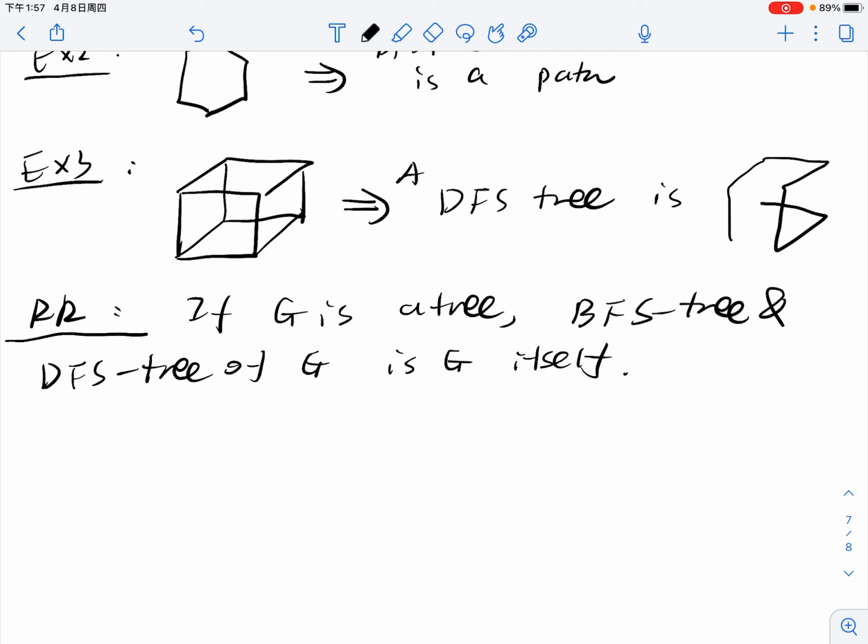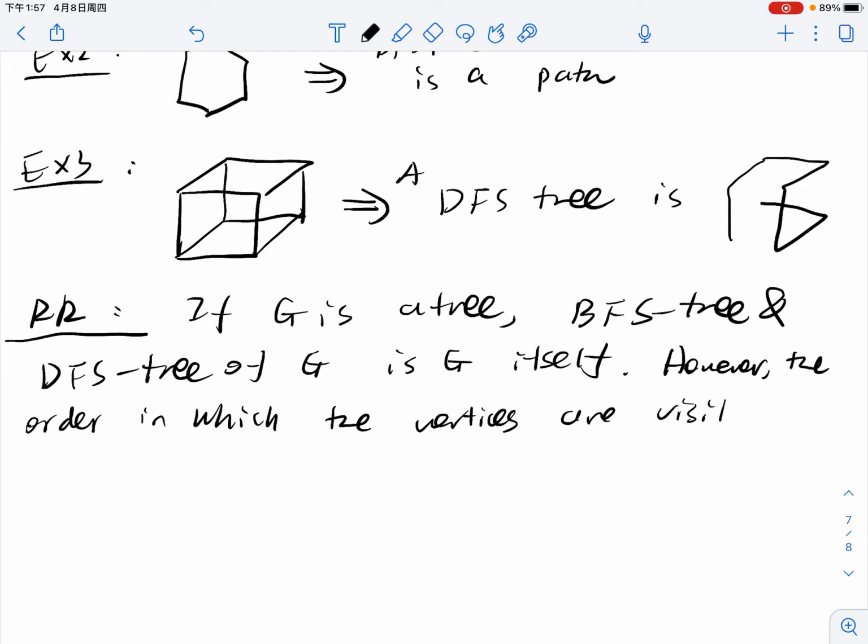Okay, so from the topology there's no difference, but the important thing is that the order in which the vertices are visited is different.